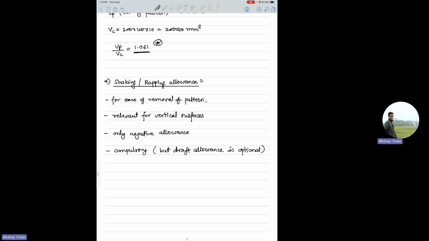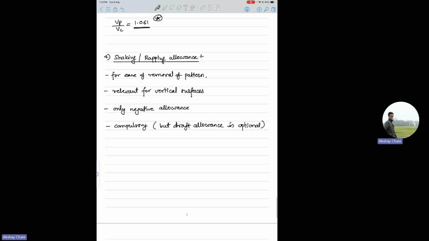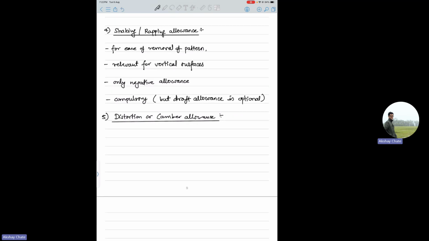Then you have this thing. The fifth one is distortion or camber allowance. Okay, so as the name suggests, what happens if you want something like this to be cast? Assume that these are vertical limbs.